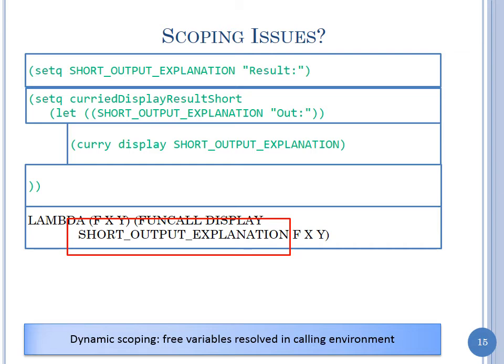And so how should we solve this problem? Supposing we want static, we want the defining environment. What should we do in a generated lambda? We can use the function keyword, okay?